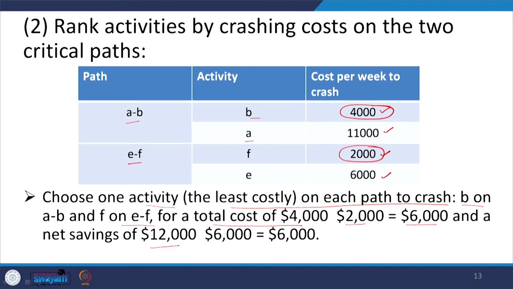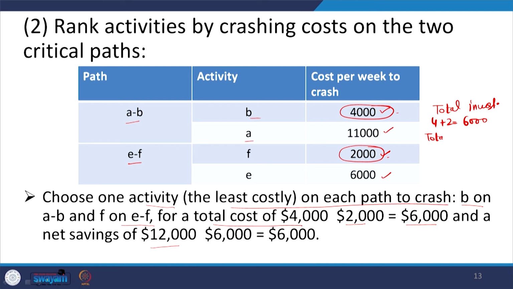And a net saving of 12,000. So, by reducing it by 1 week and again by 1 week, you are going to put total investment 4 plus 2, that is 6,000.